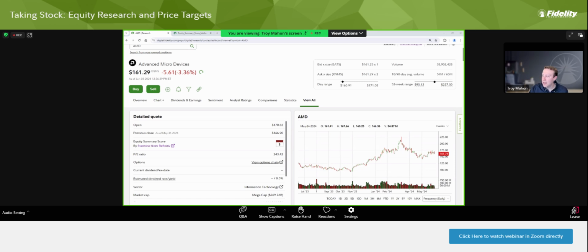Active Trader Pro does have a news tool, and I have that already pulled up in my list of tools. You'll be able to go through and see a little bit more of these headlines compared to Fidelity.com, which only gives you a couple. A lot of times you can scroll and see the last couple of days. You can see if there are analyst changes.